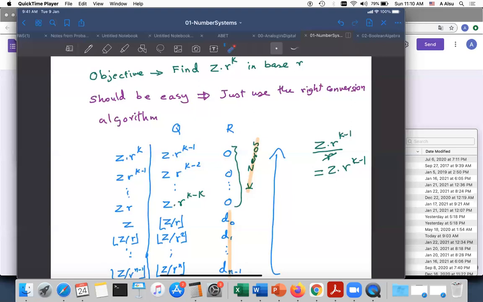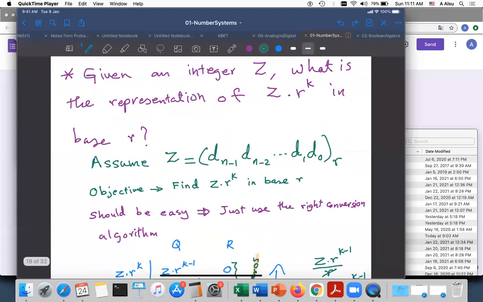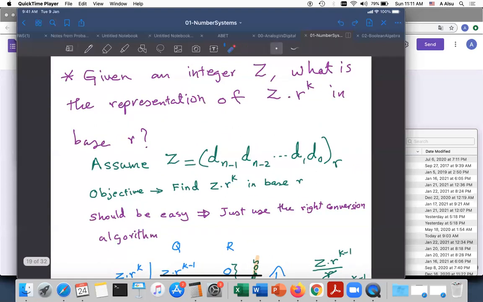And then we already know how to convert z to base r. So starting from this line, we don't need the conversion here, because we already know what z is in base r.